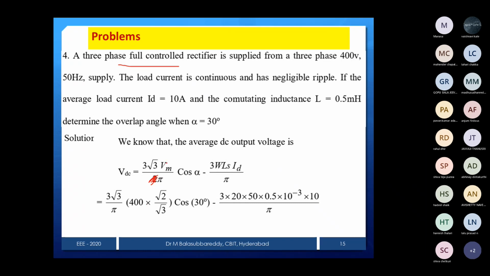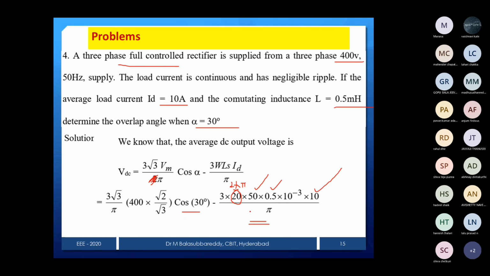So now Vm is given as 400. So then 400 into root 2 by root 3 cos 30, alpha is mentioned as 30 degrees, and minus 3 omega, this also we change, omega is 2 pi f, f is 50, and L is 0.5 millihenry, and then Id is 10 by pi.